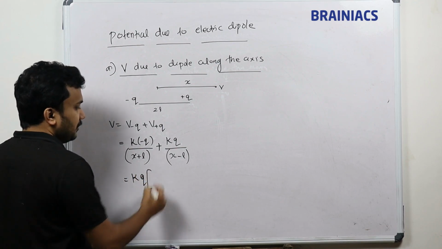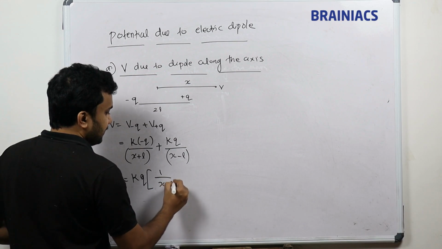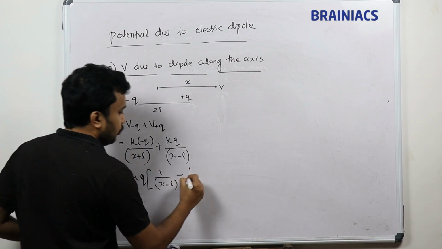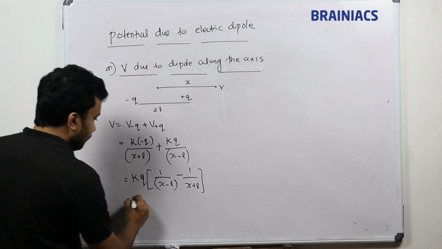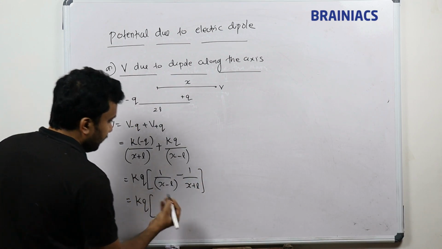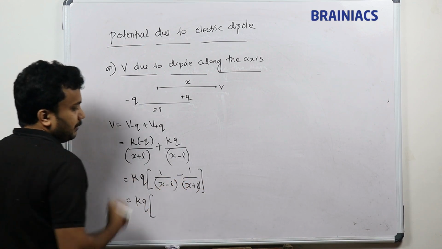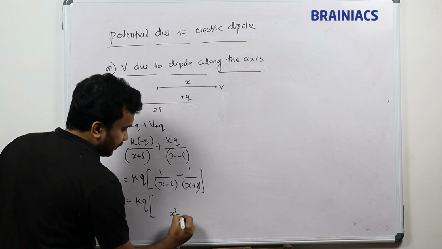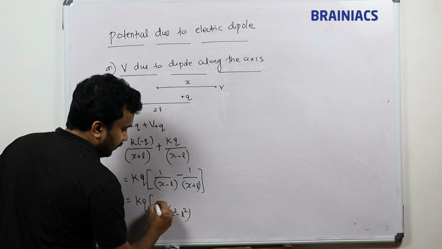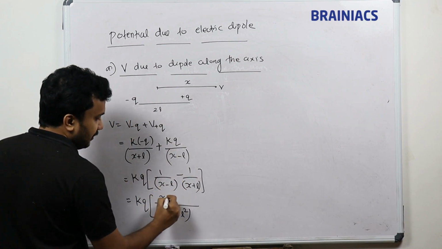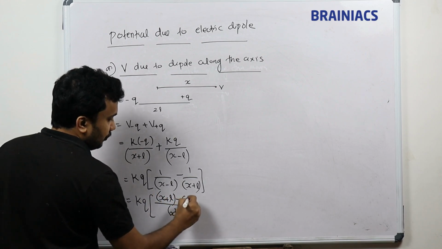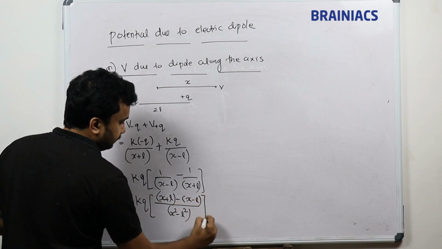Kq is taken outside, so 1 divided by x minus L minus 1 divided by x plus L. We have to solve this: kq into (x minus L) into (x plus L) in the denominator. What will come in the denominator? x square minus L square. What will come in the numerator? x plus L minus of x minus L.